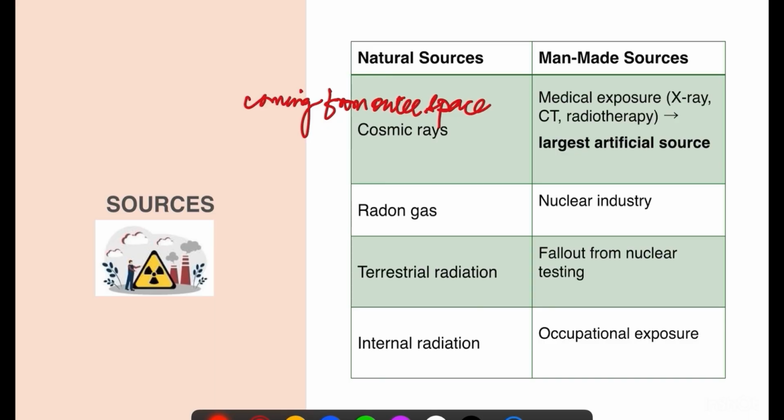Radon gas is produced from the decay of uranium in the soil. Terrestrial radiation is the naturally occurring radioactive material in the soil, rocks, and building material.